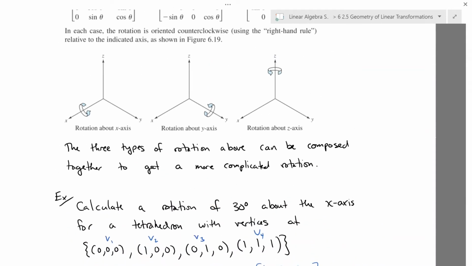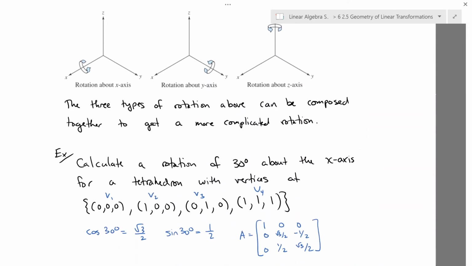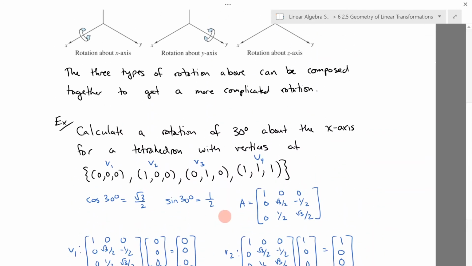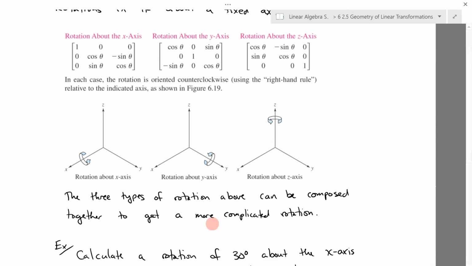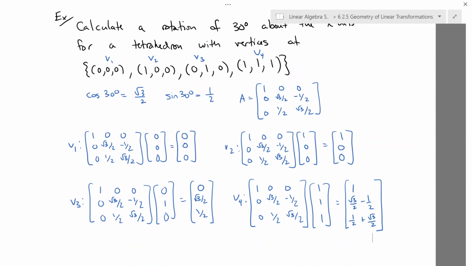However, if you've ever looked at 3D graphics on a computer or a cell phone or something like that, basically to set up the 3D graphics, a lot of these kinds of transformations are applied. So basically it just involves a lot of matrix calculations of this type.